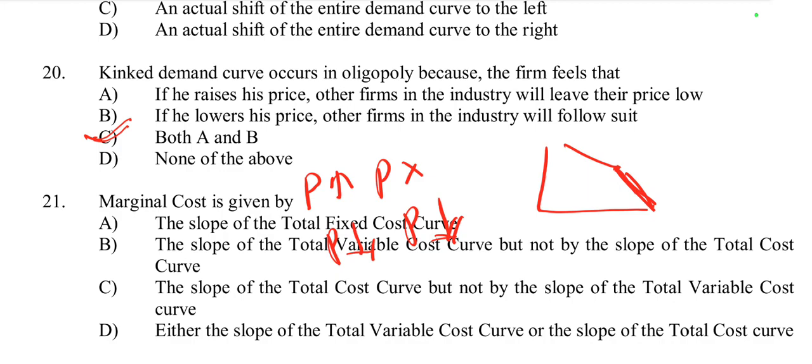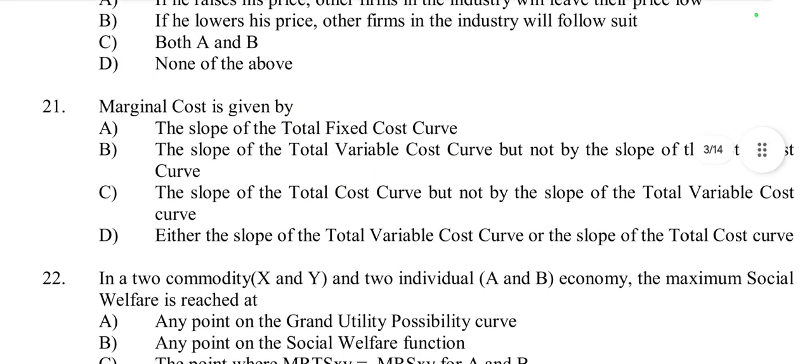So other firms lower the price. If one firm raises the price, others do not follow, but if one firm decreases his price, then others follow. So this is the situation of the kinked demand curve. So both A and B is the right answer.